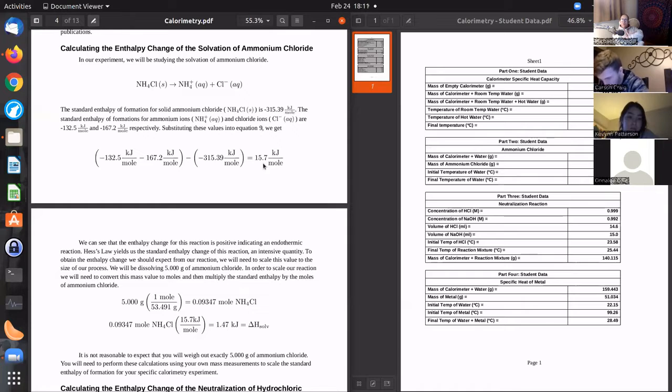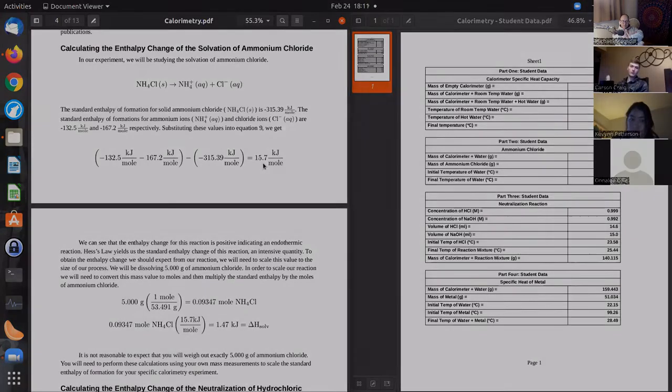Now, we now have a handle for figuring out the heat that's going to be absorbed for all reactions. Okay. We now have to apply it to our specific reaction. And to do that, we need to know how many moles of ammonium chloride we dissolved. Right? How are we going to go about doing that?